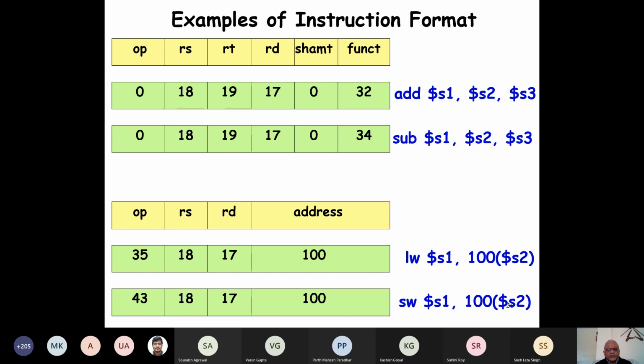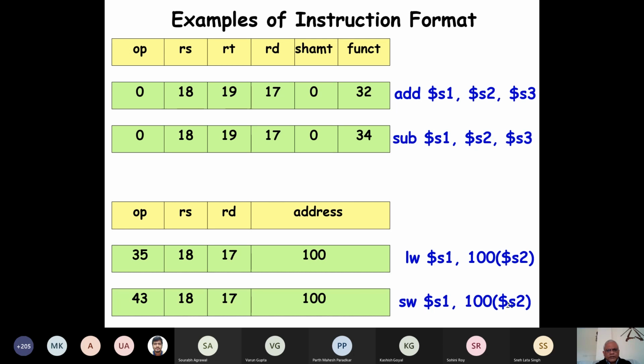Now these are some examples of the instruction formats. For ADD, we have the opcode 0 and the function code is 32. For subtract, opcode is 0, function code is 34. And S1 register is encoded using 17, S2 is encoded using 18, S3 is 19, and so on.